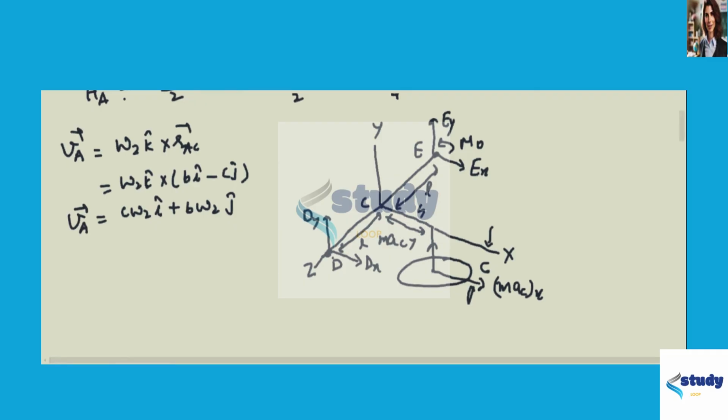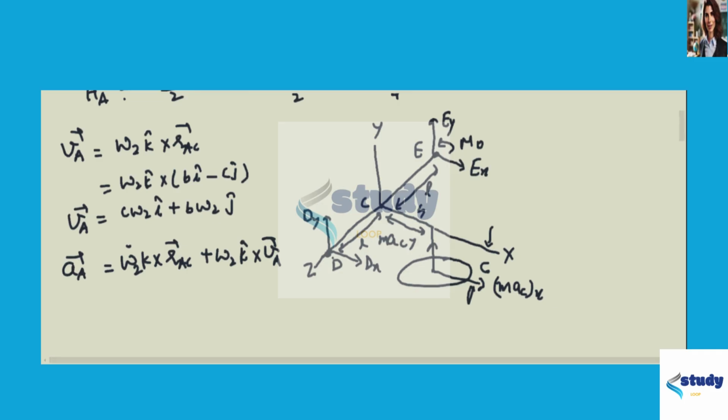Now acceleration of A is rate of change of angular velocity omega 2 k cap cross RAC vector plus omega 2 k cap cross VA vector. Now substitute the value of VA vector.